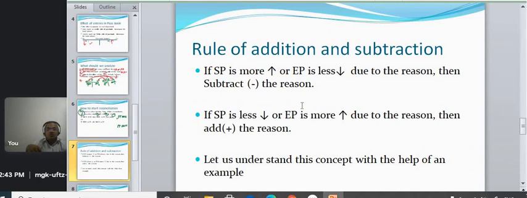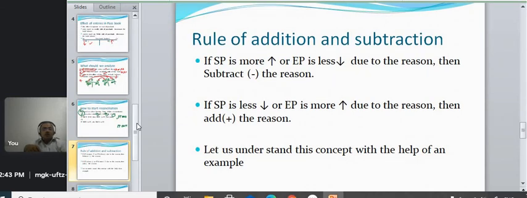Let's see what is the rule. Now, we have 2 points as I said. One is the starting point, the other one is the end point. What is the rule? The rule is that if, due to that reason, the starting point balance increases or the end point balance comes down, if one of these two happens, then you have to subtract that reason.